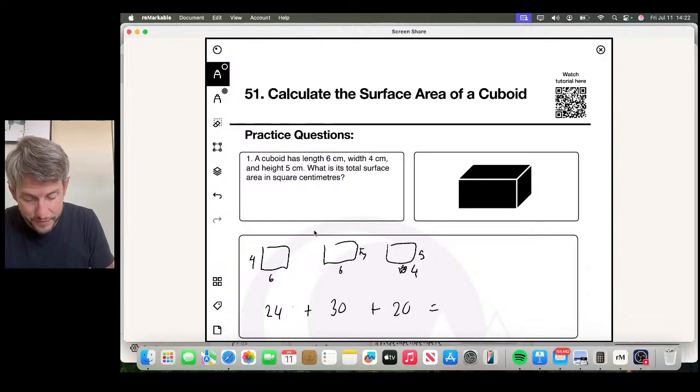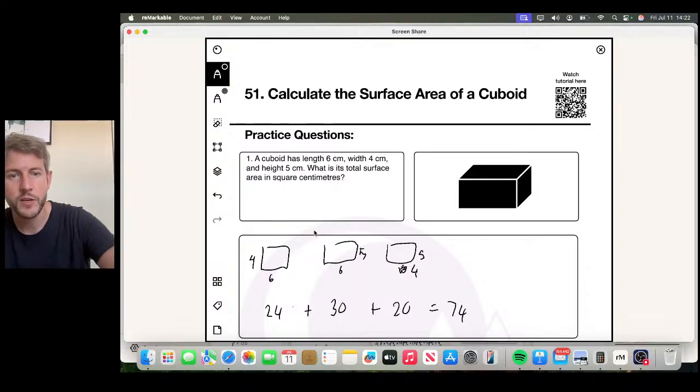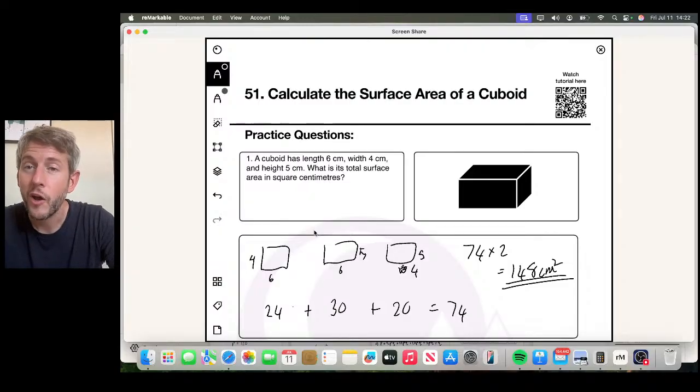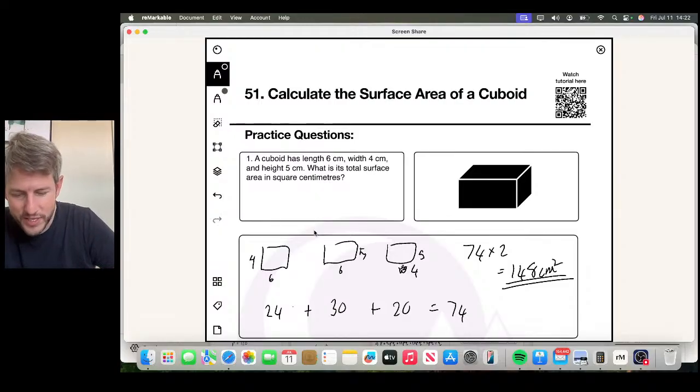So this is going to be 50, 74. Because each rectangle appears twice, we can then multiply this answer by 2. So 74 times 2 equals 148 centimeters squared. So the surface area of the cuboid will be 148 centimeters squared. Okay, cool. Let's continue with question 2.